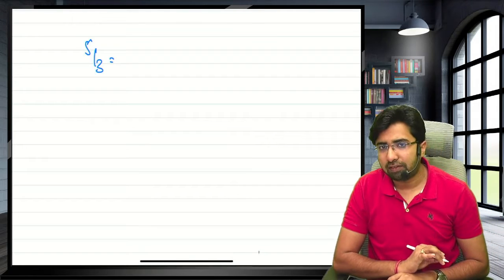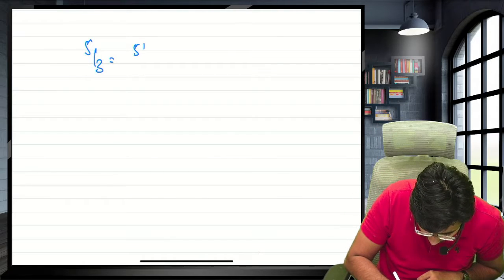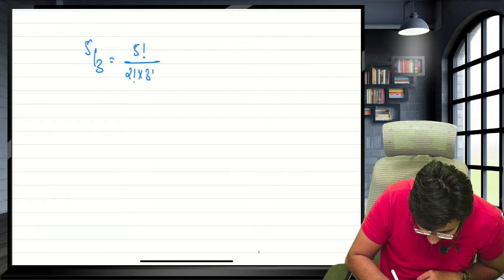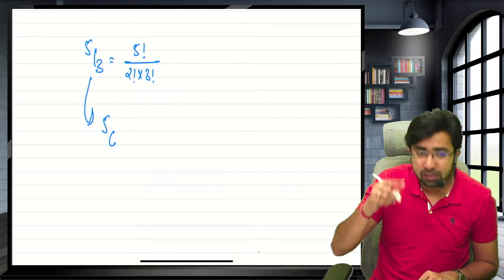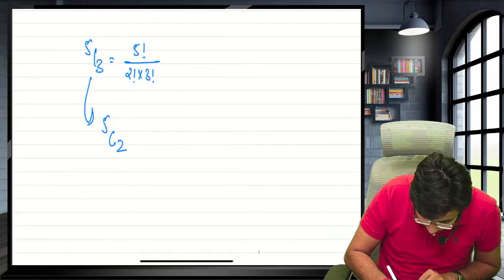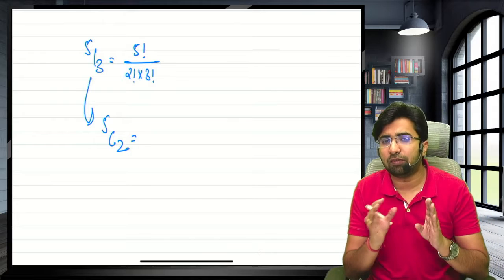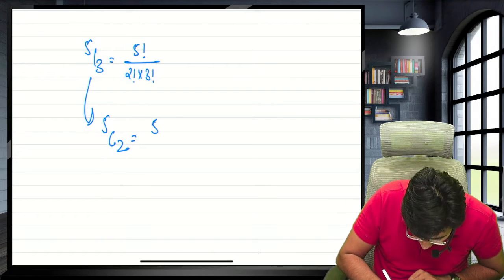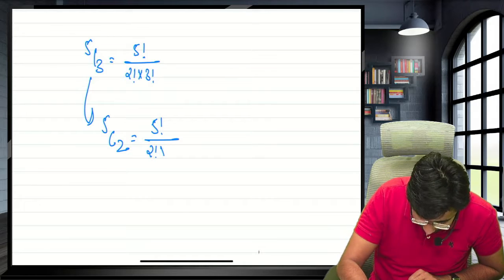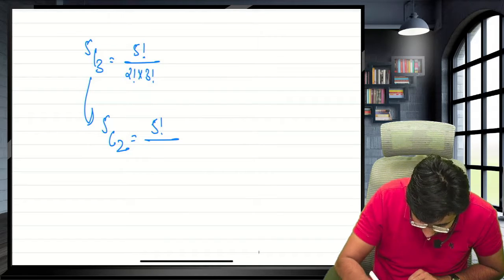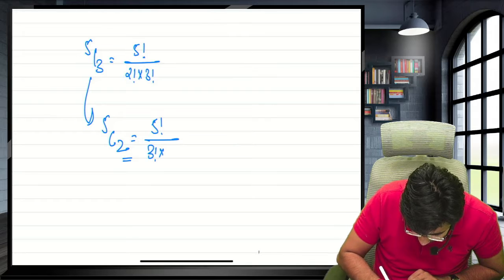Either you calculate 5C3, which is n factorial upon (n minus r) factorial, that is 5 minus 3, 2 factorial, into r factorial, 3 factorial. Or you calculate nC(n-r), 5 minus 3, that is 5C2. Either you calculate this, both will give you the same result: n factorial upon (n minus r) factorial, 5 minus 2, that is 3 factorial, into r factorial, that is 2 factorial.